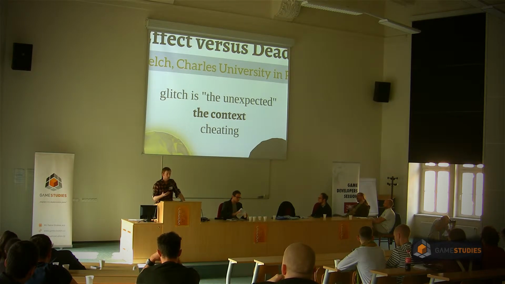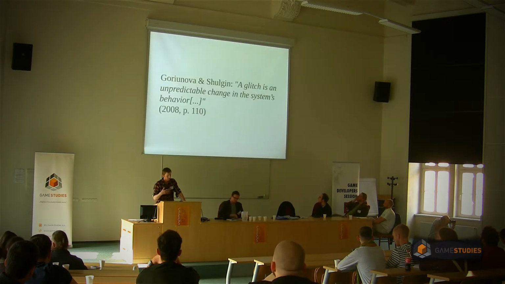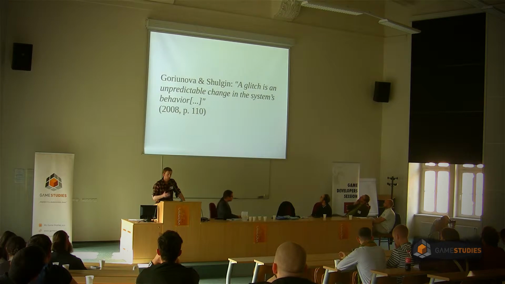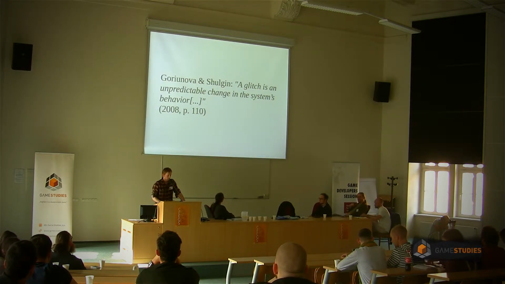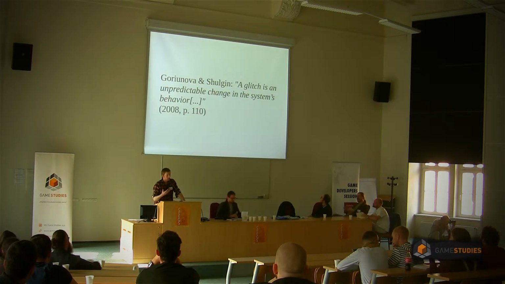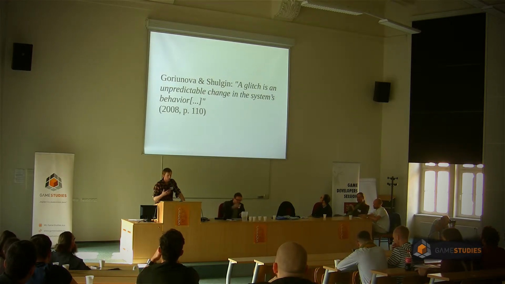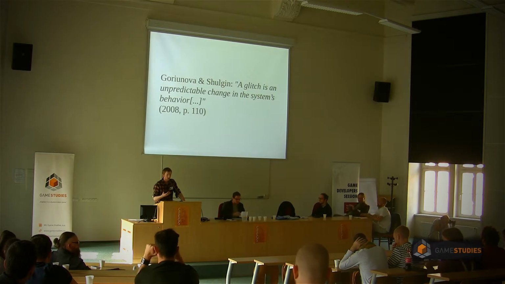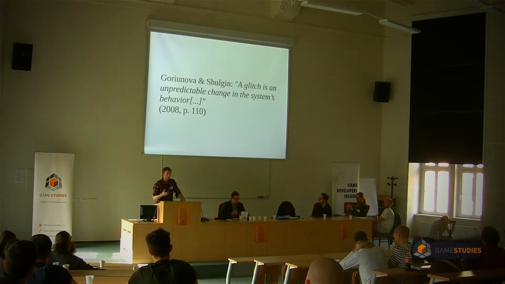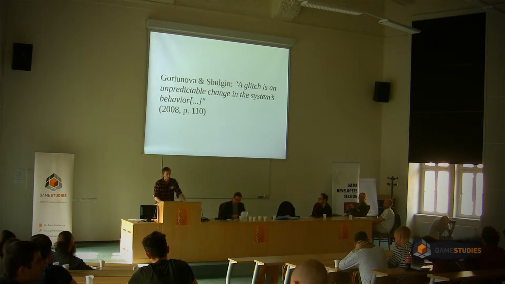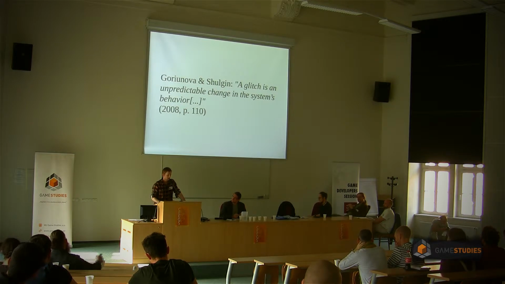If we want to look at a more elaborate definition, we can take a look at Gorinova and Shulgin's work, which define glitch more precisely, but I would argue that their insistence on faultiness of a glitch doesn't really reflect the way players use this term. So, cutting down from their definition, we can say that a glitch is an unpredictable change in the system's behavior.